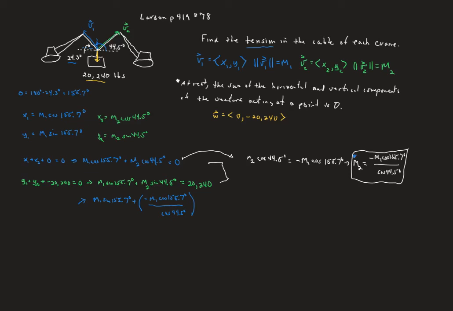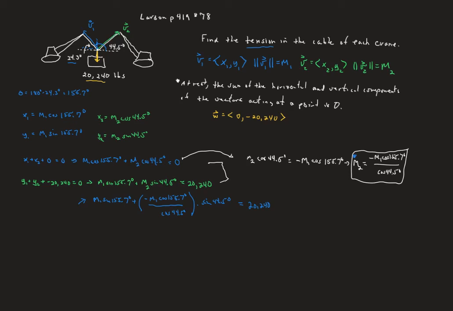That's going to multiply the sine of 44.5 degrees, and that whole mess is going to equal 20,240. Crazy. Now, let's simplify a little.